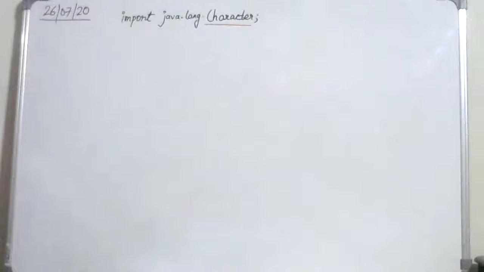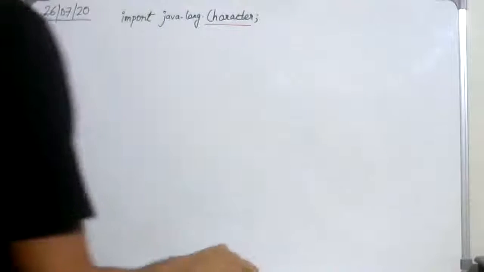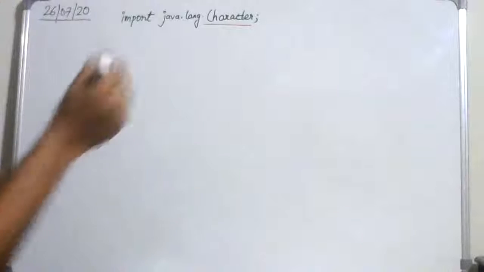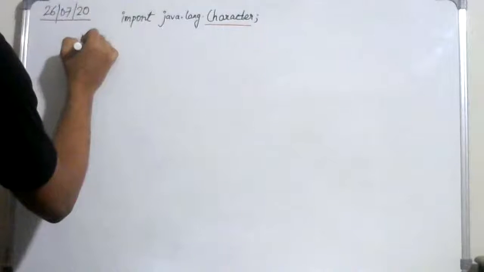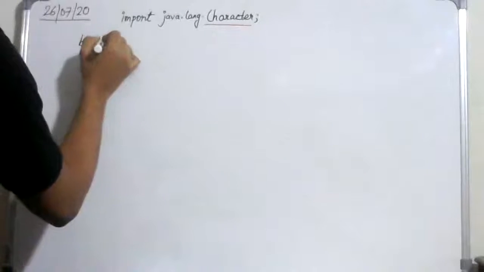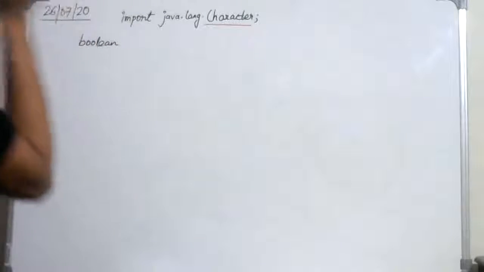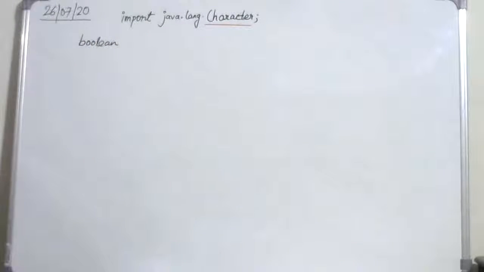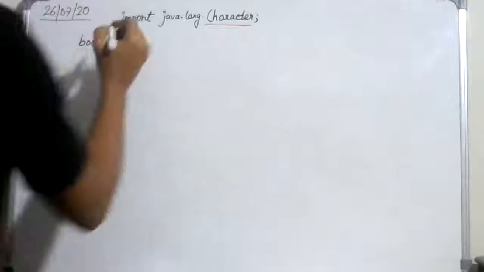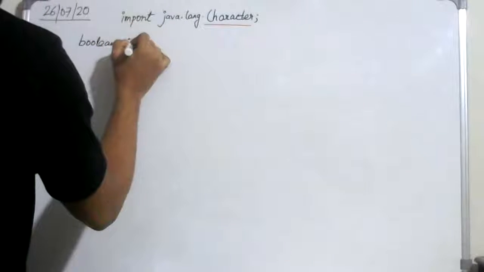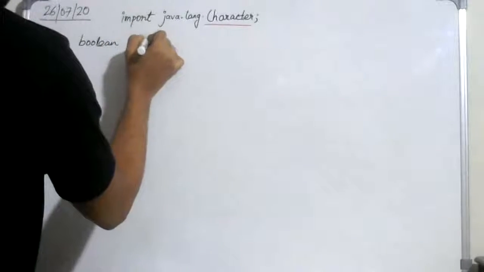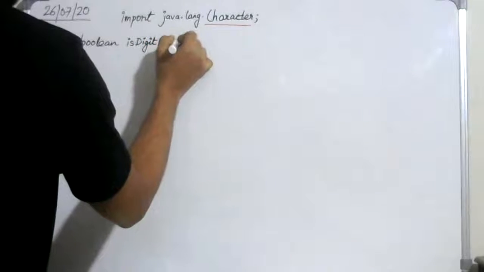Now remember the character functions that we had discussed in the previous class. They were namely the functions with Boolean return types. There were quite a few functions like this. Let me write down the functions. There was Boolean isDigit, which took a character argument.